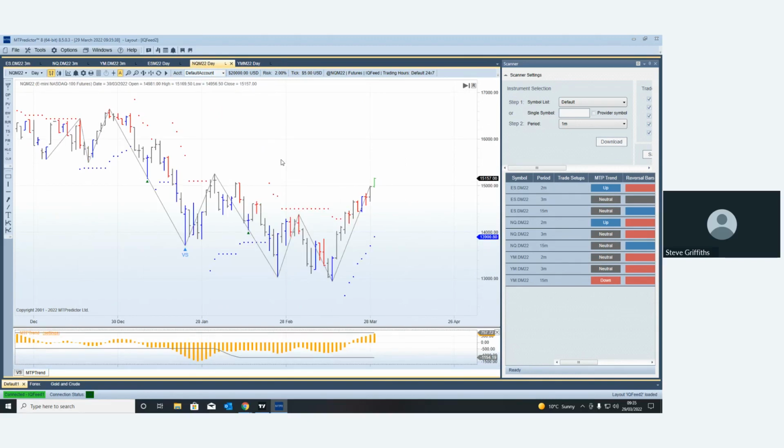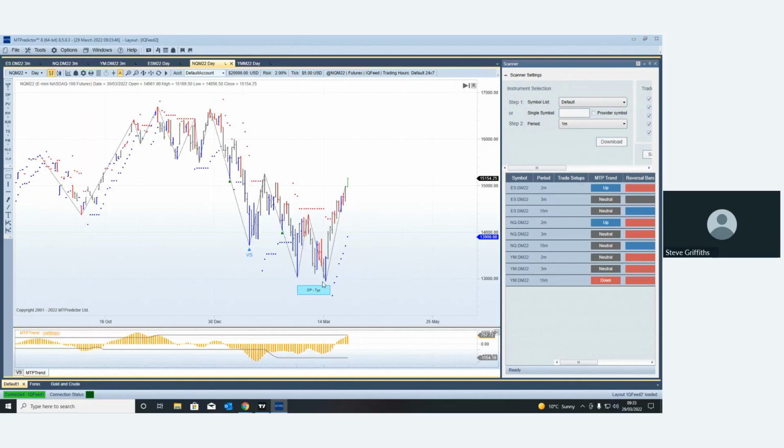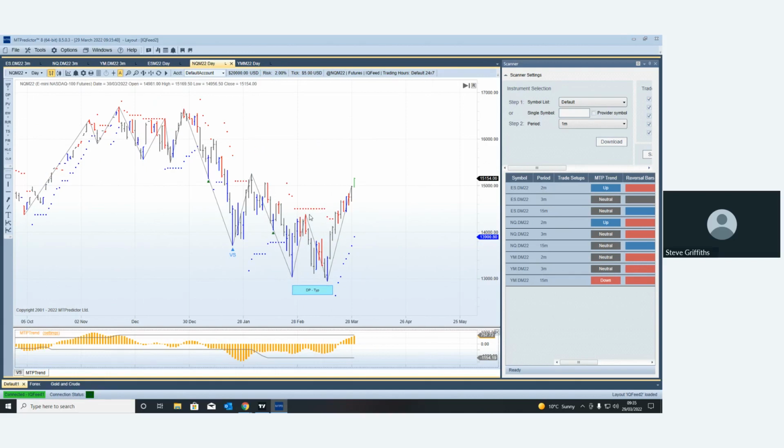But on the NQ, I want to go back to that. This wasn't quite so clear, was it? It didn't really reach that support zone there. That was the last swing to the low, only a little minor swing. It's gone beyond that DP. So this is again a case where the picture on the NQ isn't quite so clear.